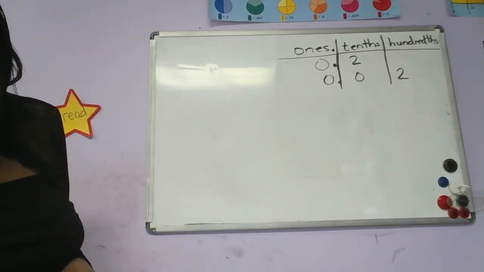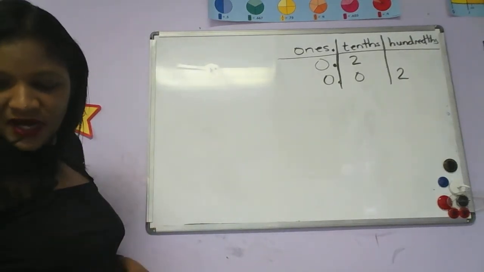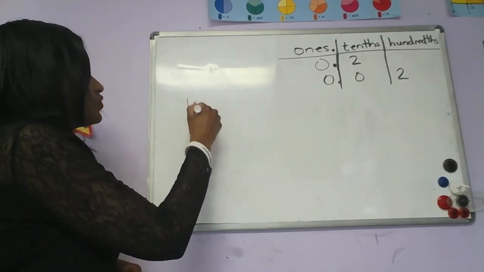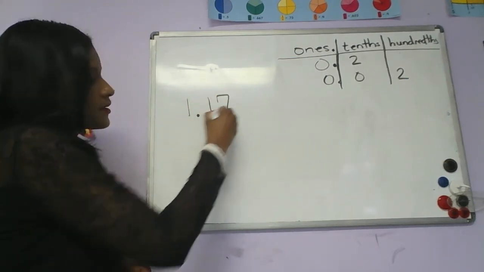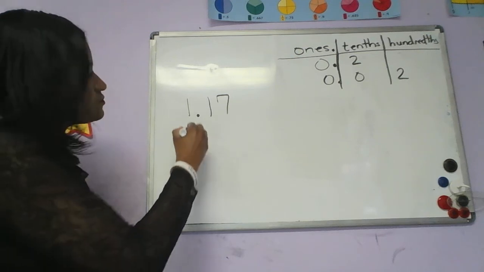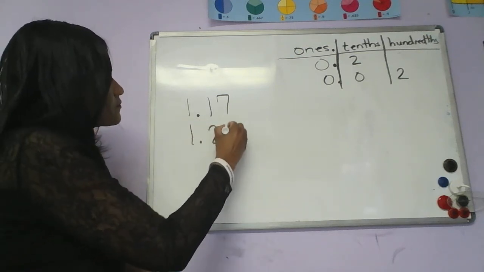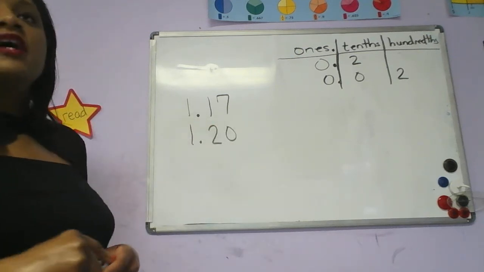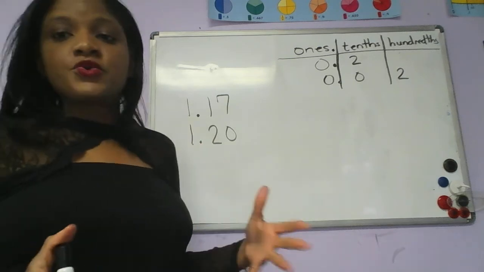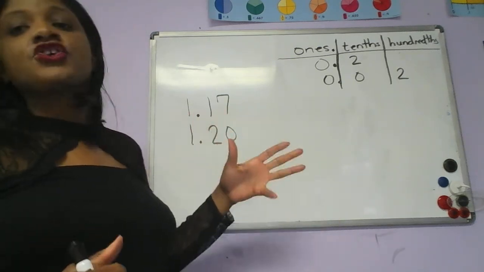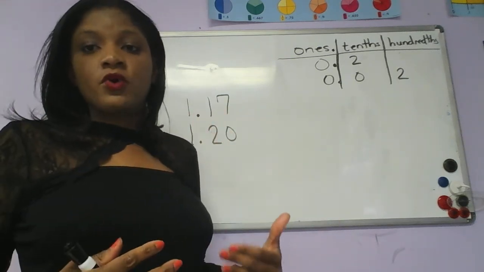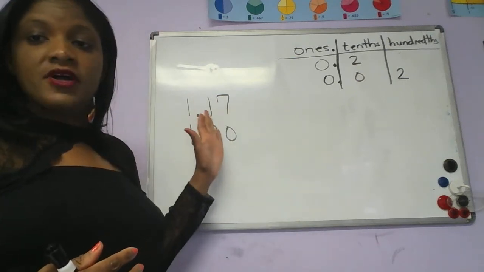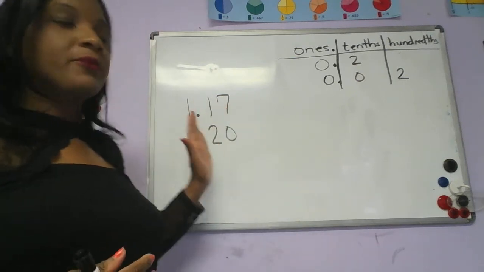All right, we'll just try a few more. Let's try this one where there is a whole number. If we wanted to do a model, we could do the same thing. This is 1.17. We don't need to worry so much about the 1 in the ones place, the whole number part.